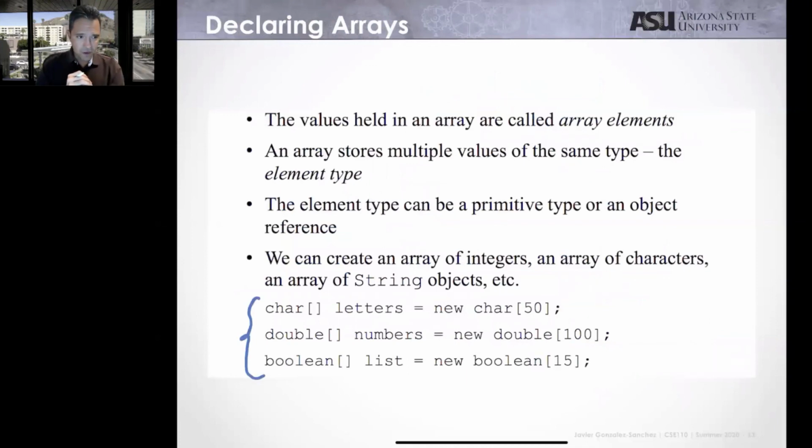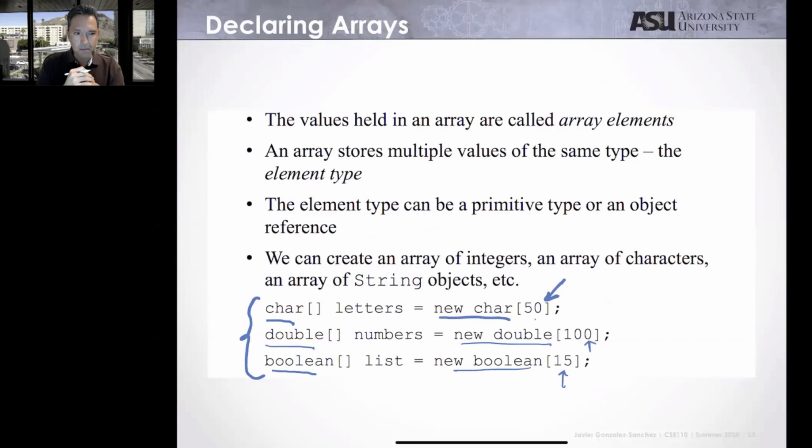As I mentioned before, you can use any of the types. The only thing, please remember, if you use char, new char. If you use double, new double. If you use boolean, new boolean. What about the number here? How many elements can you create in an array?